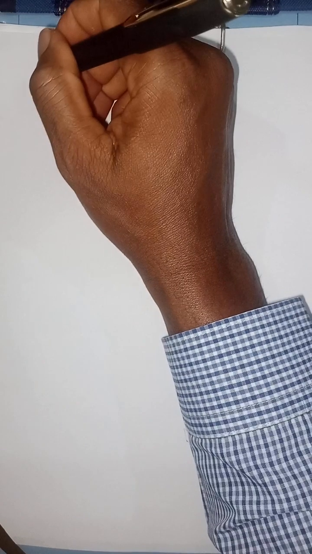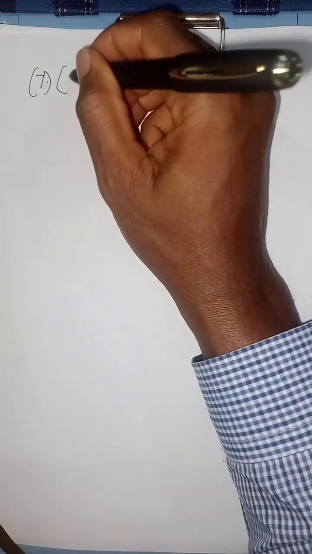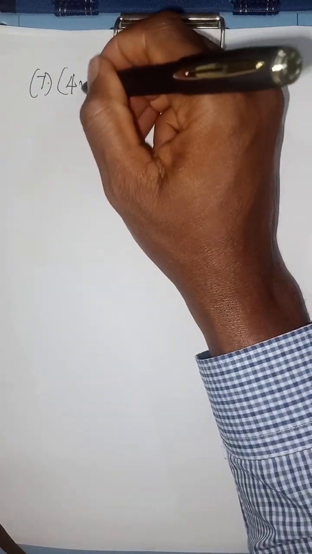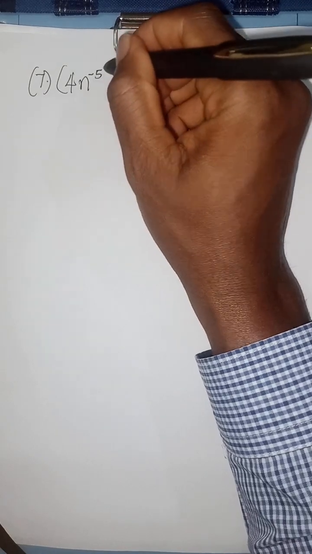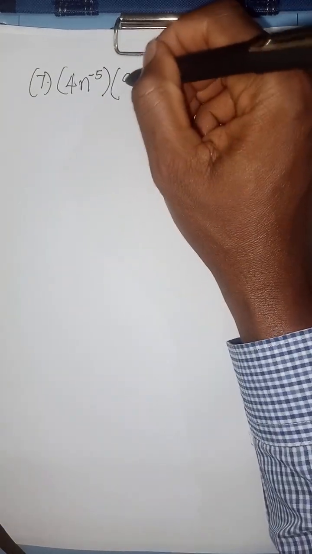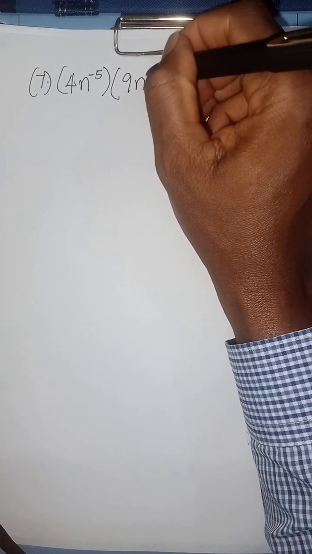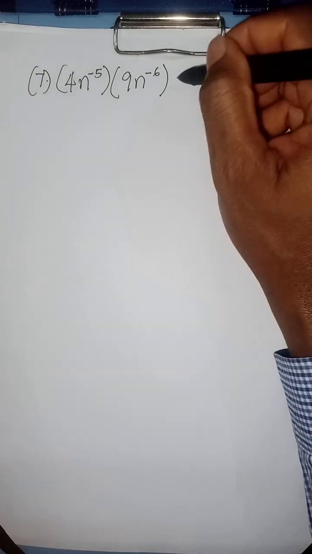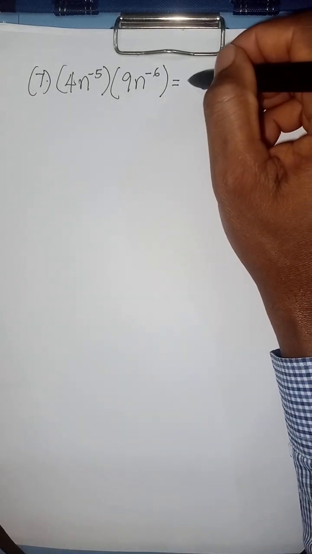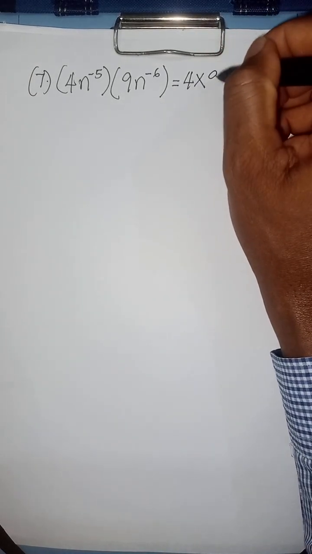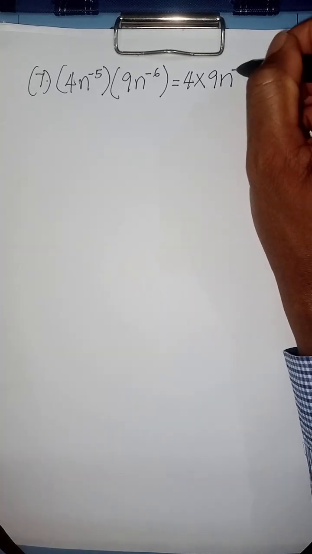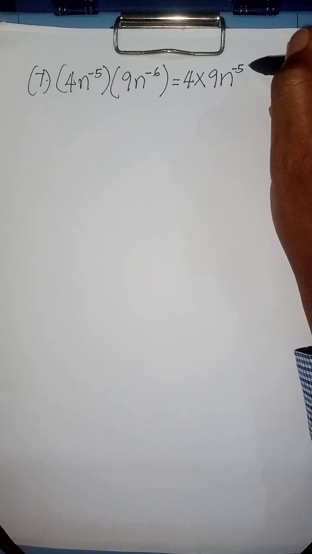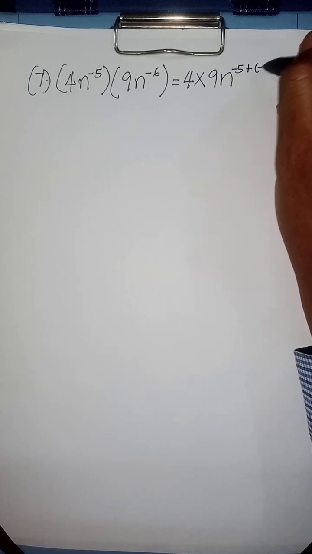Now let's move to number 7. Number 7 question, I have 4n raised to the power minus 5, close bracket, 9n raised to the power minus 6, close bracket. Bracket means multiplication, so 4 times 9, n raised to the power minus 5 times plus minus 6.